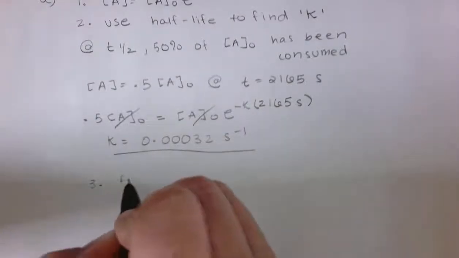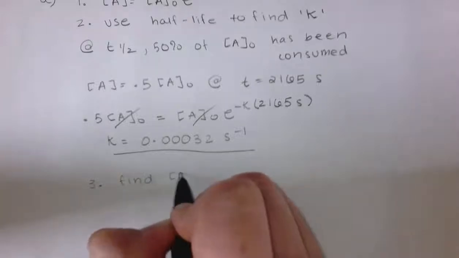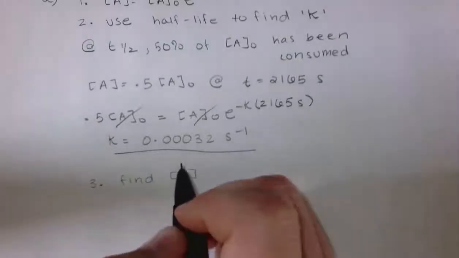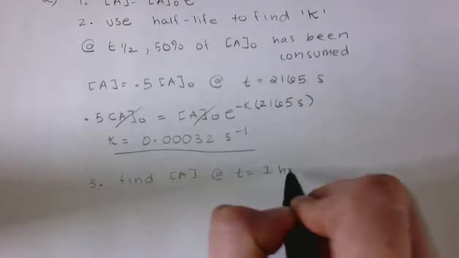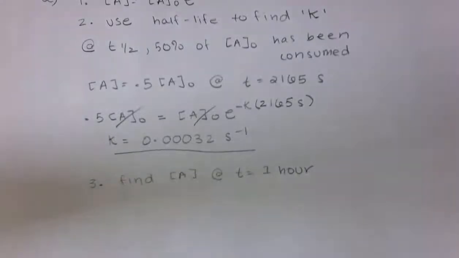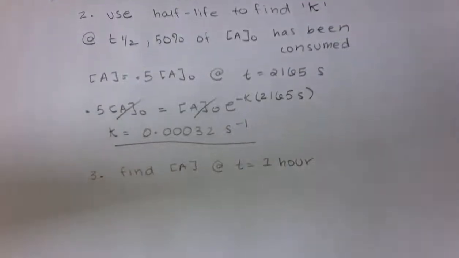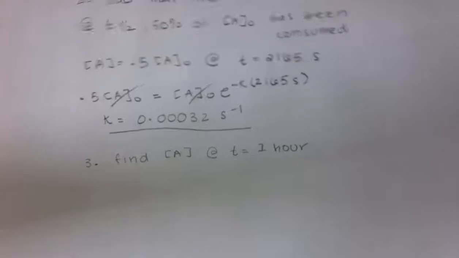And that is to find the concentration of A, or the concentration of dimethyl ether, at T equals 1 hour. So a common mistake that students make is that they don't think about their unit conversions for this problem.